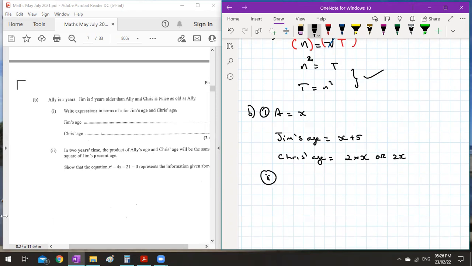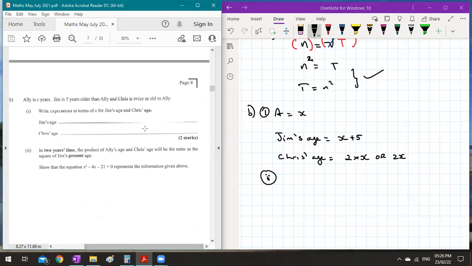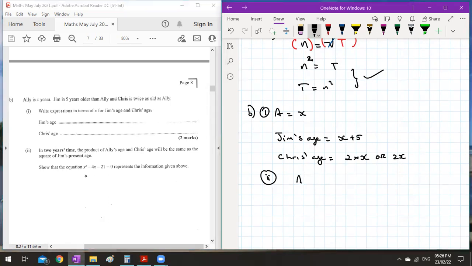Part 2. In 2 years' time, the product of Ali's age and Chris's age will be the same as the square of Jim's present age. So in 2 years' time, let's think about this. Ali is x, in 2 years she'll be x plus 2.